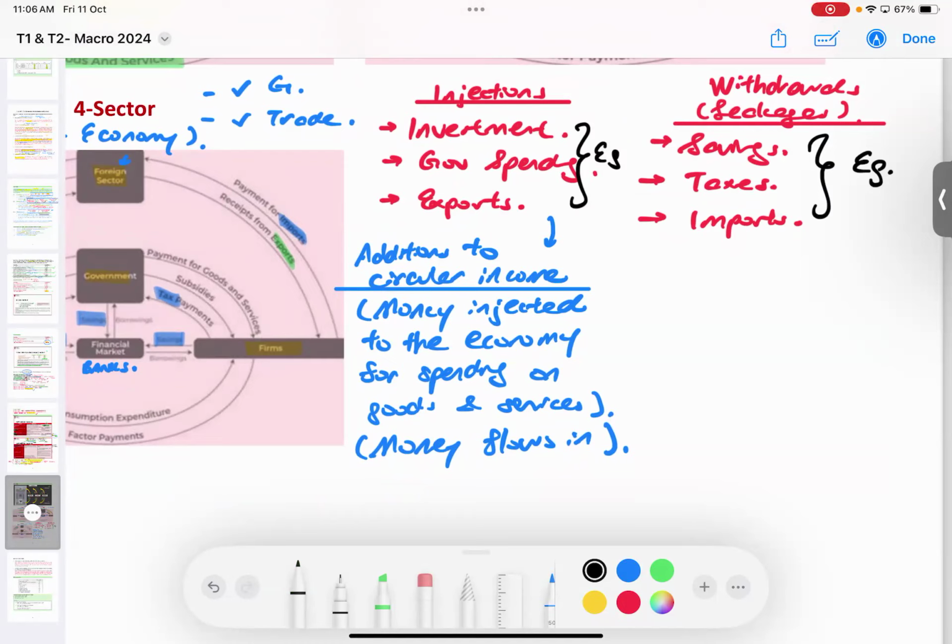Now, withdrawal means leakage, an outflow of money. Withdrawal means a reduction from circular income, money flows out.